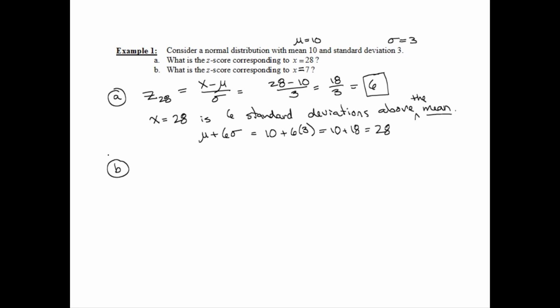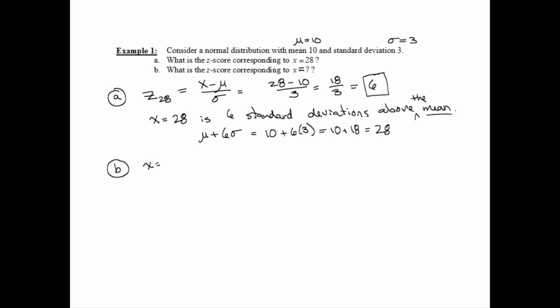Now we want to find the z-score corresponding to x equals 7. Well, just think about it. Ask yourself, how many standard deviations away from the mean is the value of 7? Well, one standard deviation would be 3, so if I go 3 below the mean, that would put me at 7.